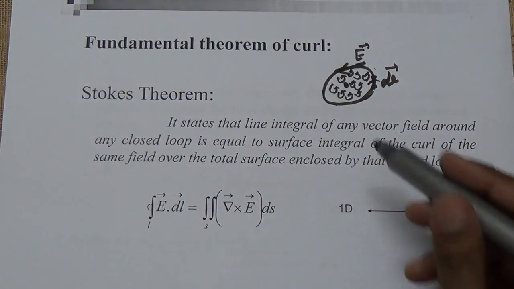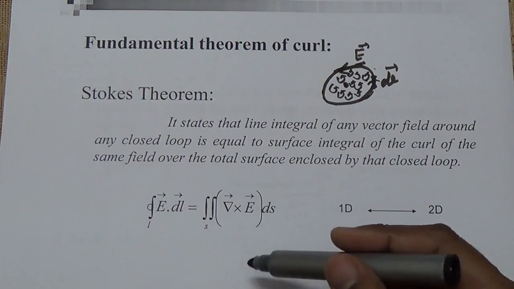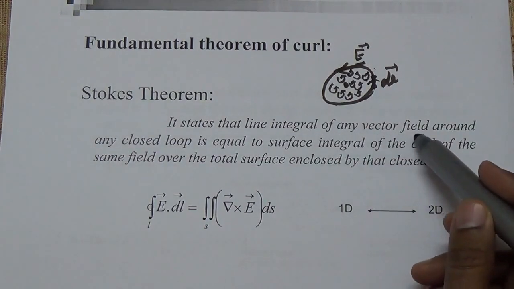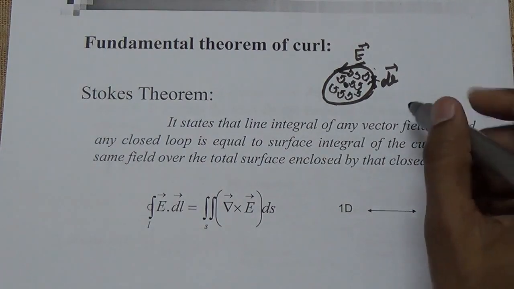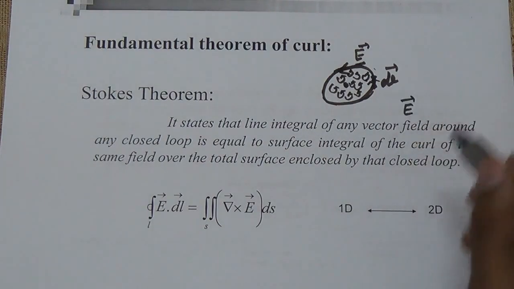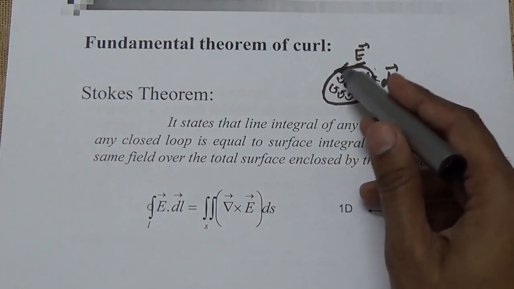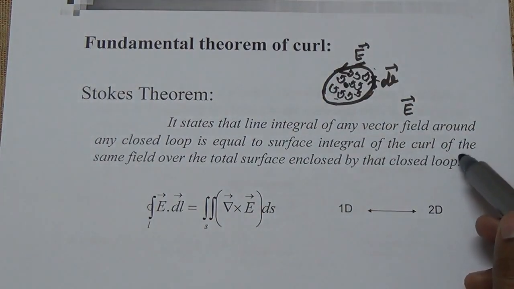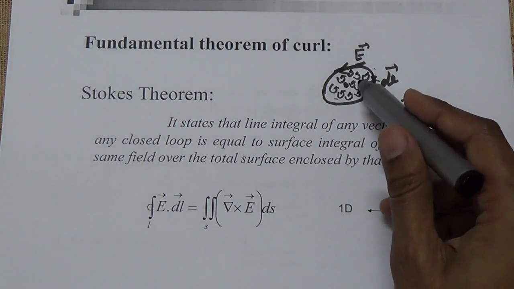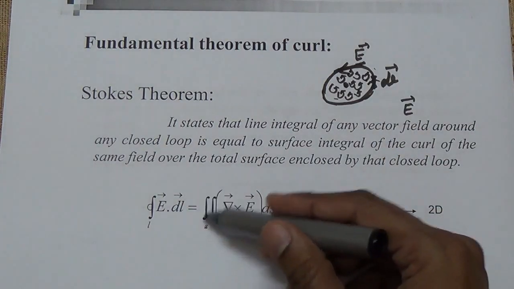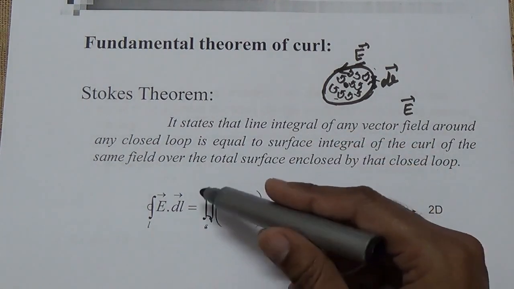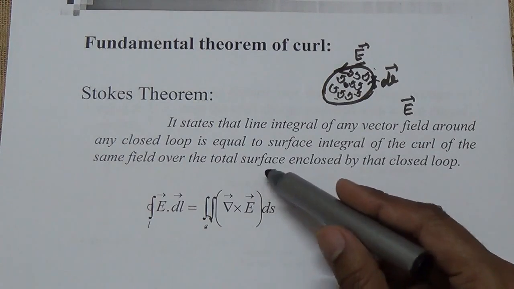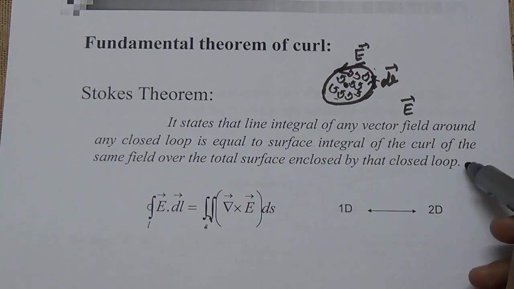So this equation, the Stokes theorem, basically states that the line integral of any vector field, here the electric field, around any closed loop is equal to the surface integral of the curl of the same field E over the total surface enclosed by that closed loop.